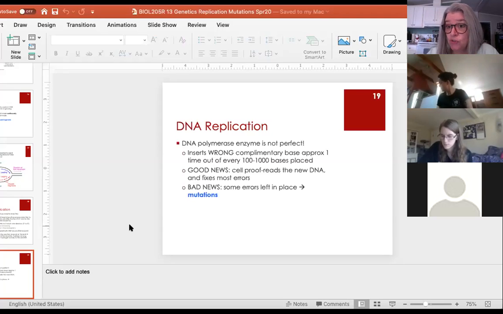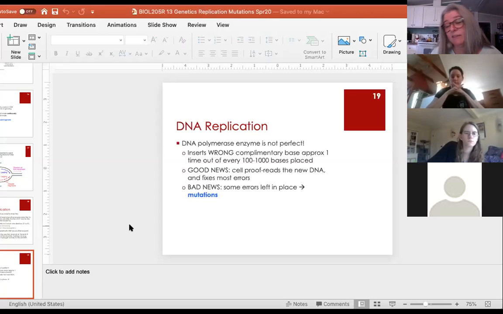And the good news is that there are systems in the cell to check for errors and to fix errors. And most of the errors that the enzyme makes get fixed. And we saw that in the ultraviolet lab, if you remember.